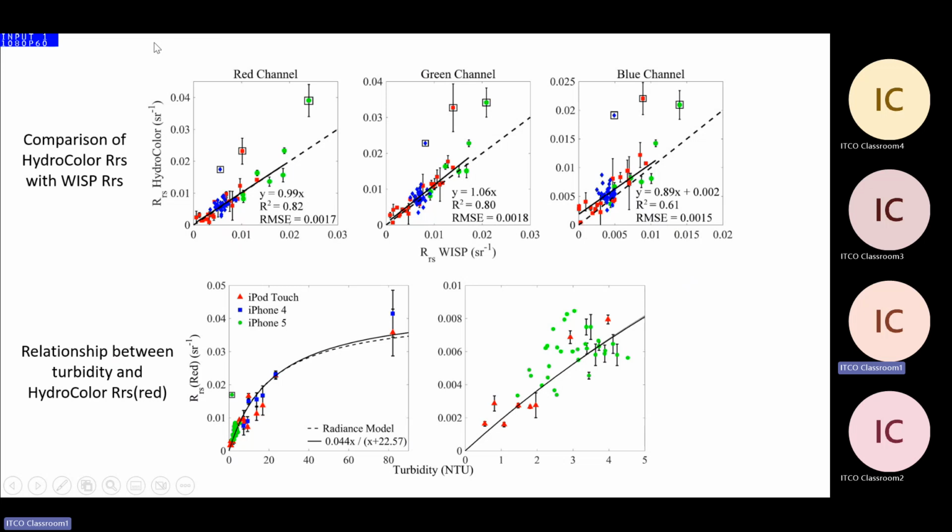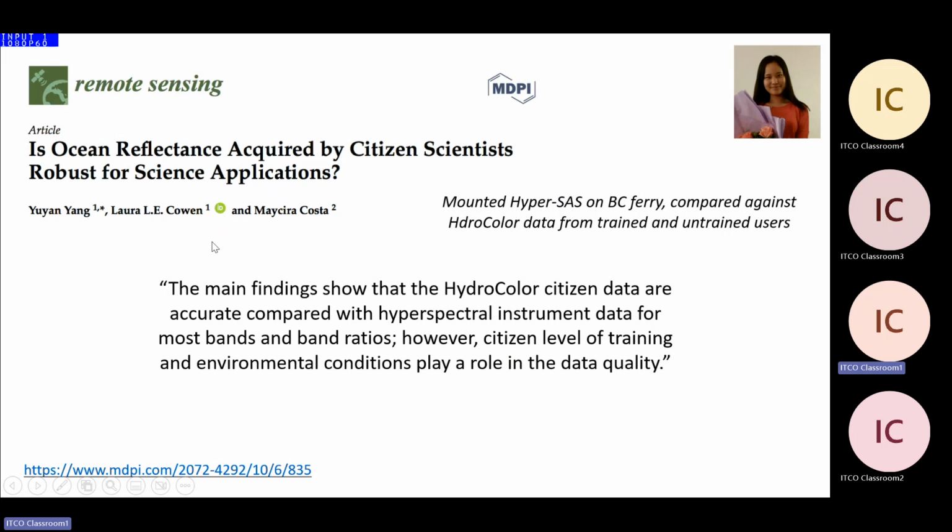So the very easy clear application for this is in citizen science and monitoring changes in places like lagoons or lakes, coastal environments. And to that end, there's actually been some validation of the reflectances acquired by Hydrocolor against a HyperSATS instrument on a ferry in British Columbia.